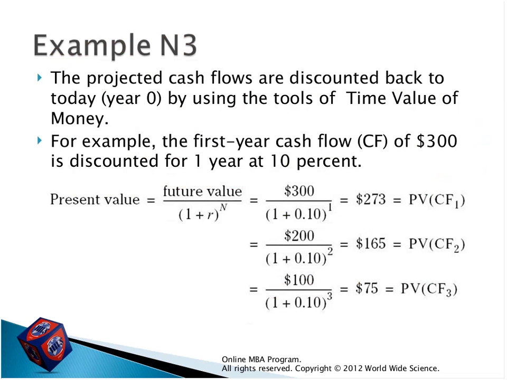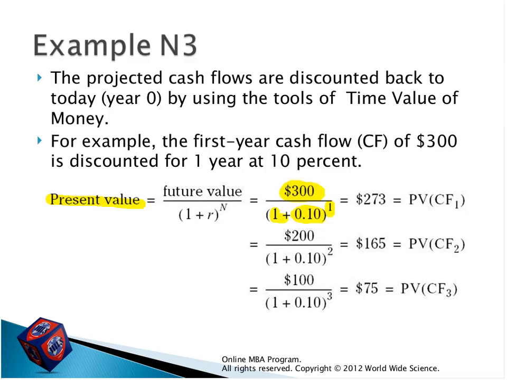This formula gives the present values of the future cash flows. Here, you have to take 300. If you are going to discount 300 of a future cash flow to present value, the formula is the following. Take your 300 and divide by 1 plus 0.10, which is the 10%, to the power of 1.